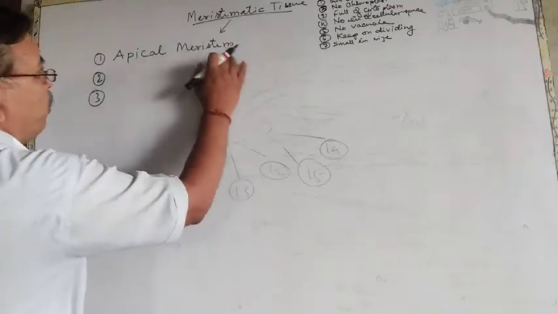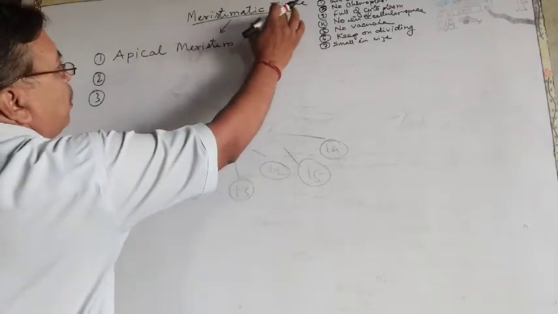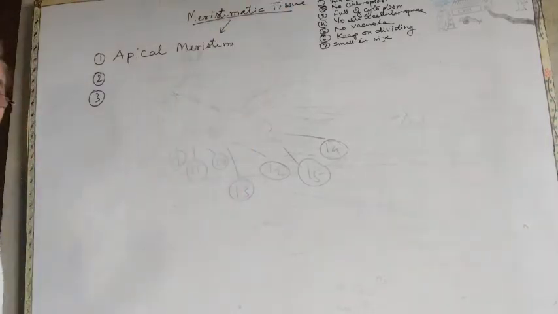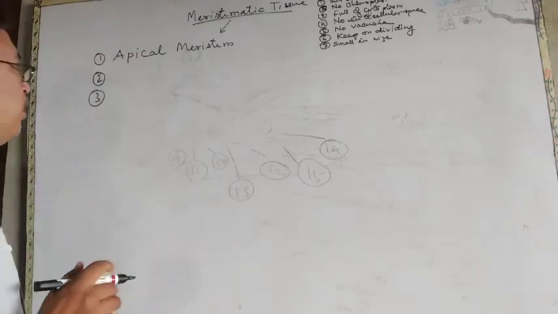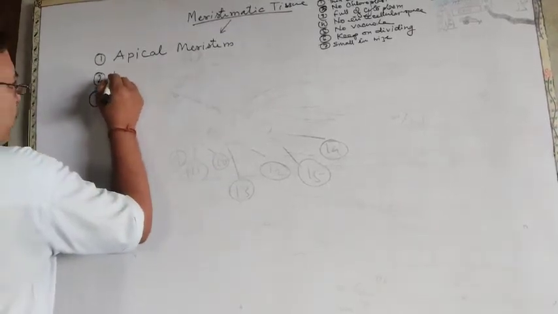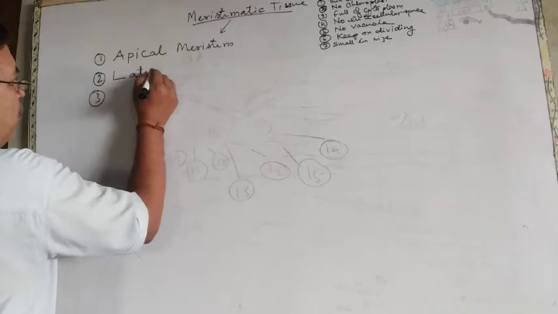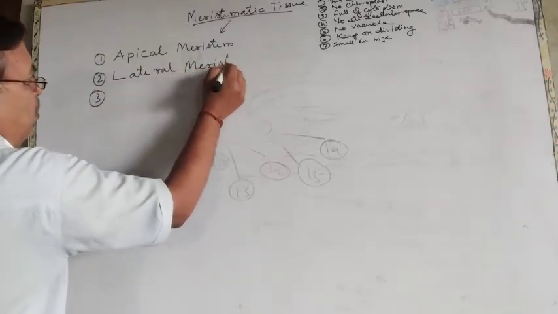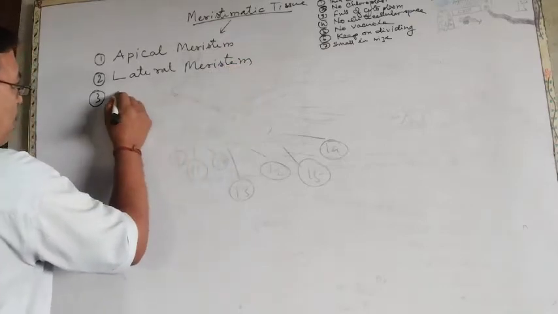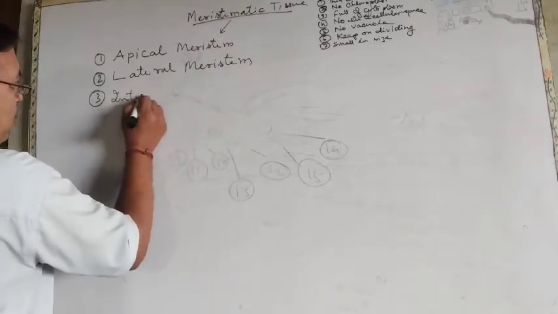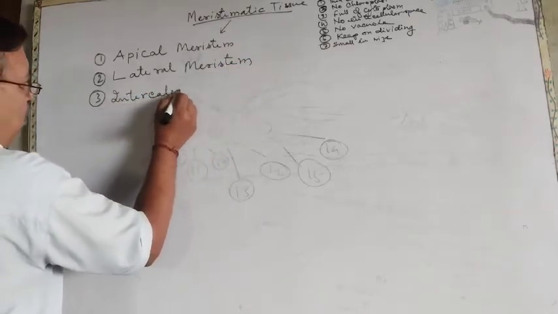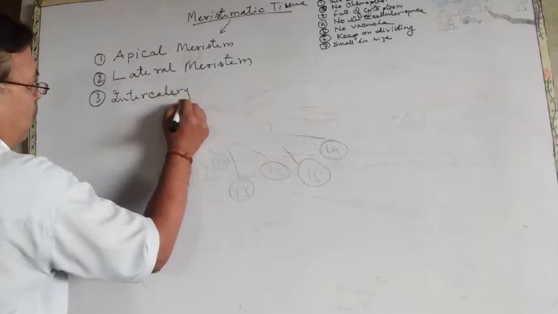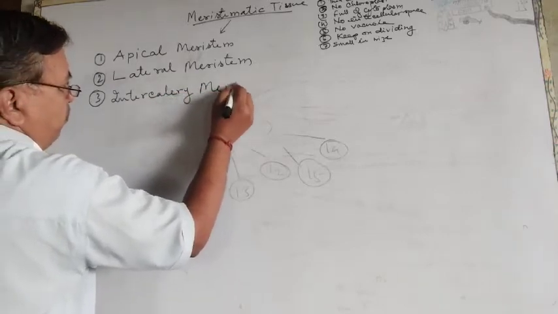The meaning of this word meristem is meristematic tissue. Is that clear to all of you? So see, apical meristem, then the lateral meristem, and intercalary meristem.